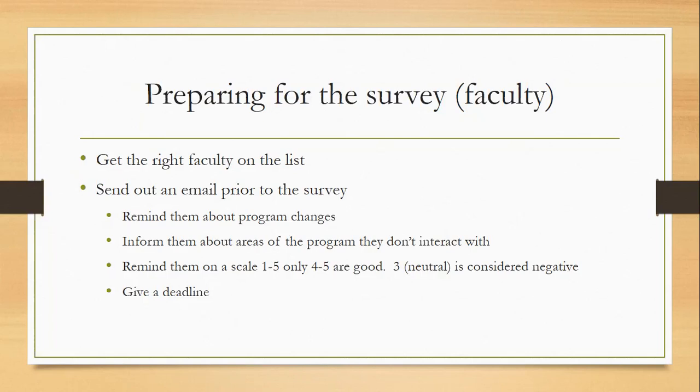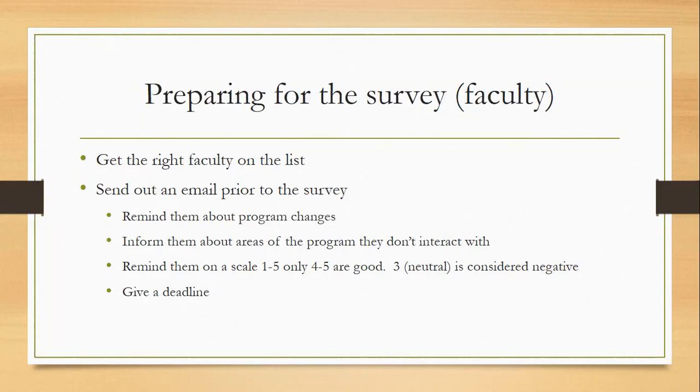And then the biggest thing is reminding them that it is a scale of 1 to 5. A lot of people, when they are filling out a survey, and I'm guilty of this, when you're asked a question and you're like, I don't know, maybe not, you pick the answer that's right in the middle, which is 3 or neutral, because you don't want to say it's bad when you don't know, and you don't want to say it's good when you don't know.